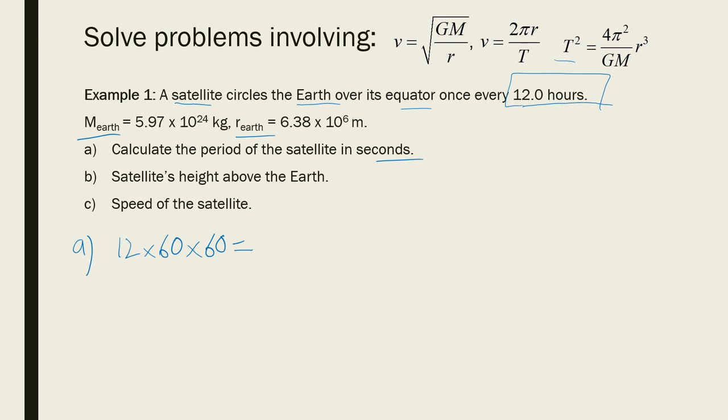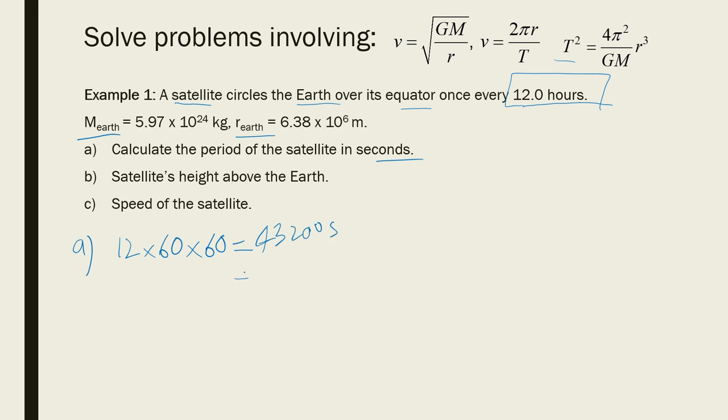So if we use our calculator, if we write it to 3 significant figures in scientific notation, twelve times 60 is 43,200 seconds.